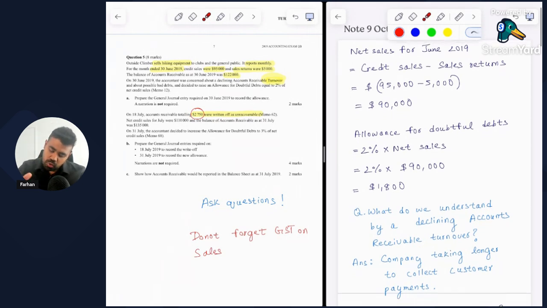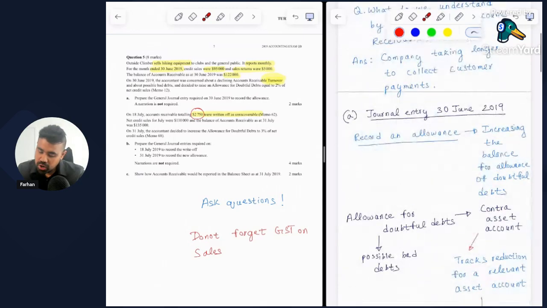So what we're going to do to record the journal entry on 30 June 2019, which is the requirement of the first question, is to record the allowance. When you want to record an allowance, we're increasing the balance for allowance for doubtful debts, because recording the allowance simply means that you have to increase the possibility of bad debts that we expect to not collect in the future.